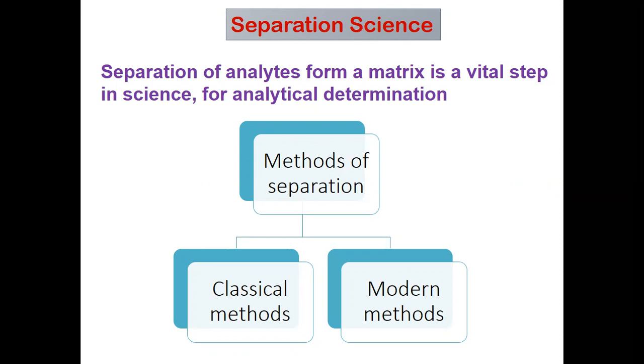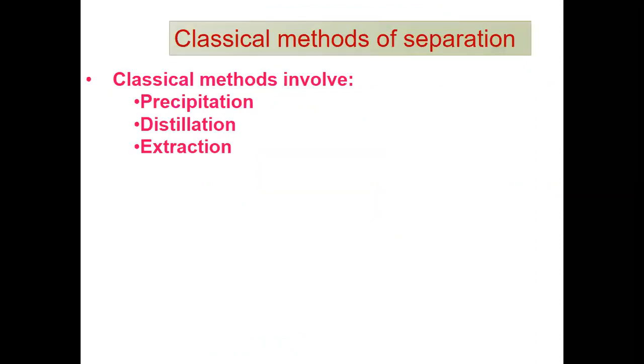There are two types of separation methods: classical methods of separation and modern methods of separation. Whenever we say classical methods of separation, these are old methods which were invented way back, but they are still being used in different fields of chemistry.